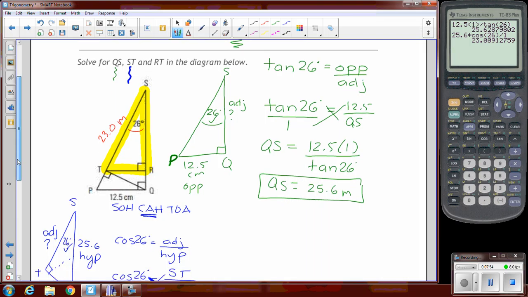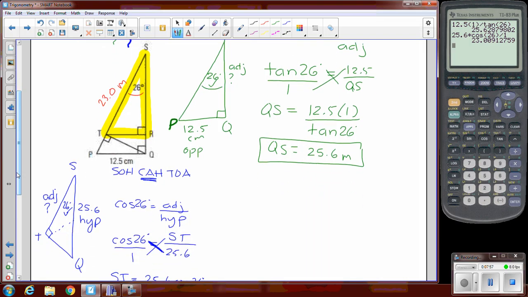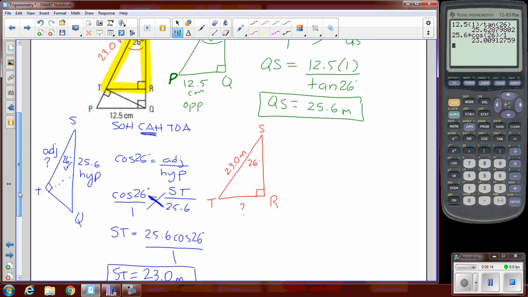So again, I would suggest ripping out that triangle so we don't have too much to look at. So we've got this right triangle with this being side RT that we're looking for. Still have that 26 degrees, but now we're using our last answer of 23 meters to find the side needed.